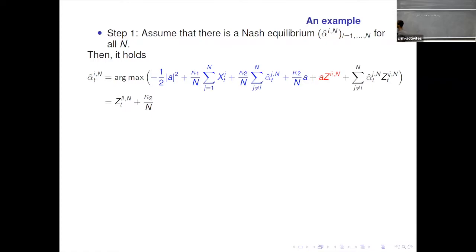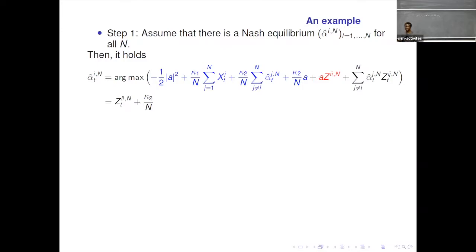So Z^{ii}, the diagonal element of this matrix that I'm going to talk about in a minute, multiplies my own effort, and the off-diagonal term multiplies other people's effort. So this is essentially the Hamiltonian in this game. And the statement is that if you have an optimal control or a Nash equilibrium, then alpha i here has got to be a maximizer of this Hamiltonian.